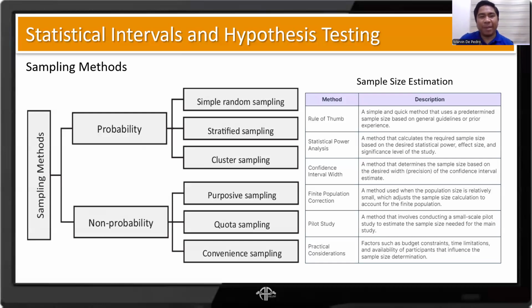Or maybe you have quota sampling or convenience sampling: whoever you meet outside will be your respondent. So that's convenience. Usually, it's better to use the probability type of sampling method.